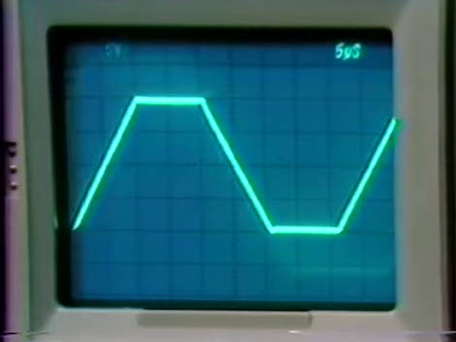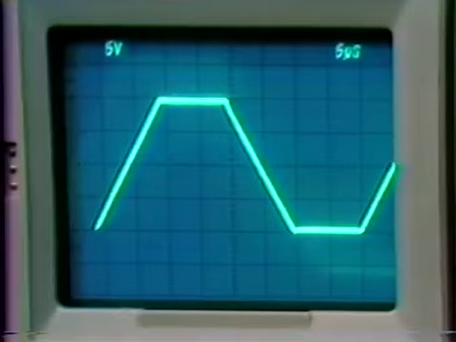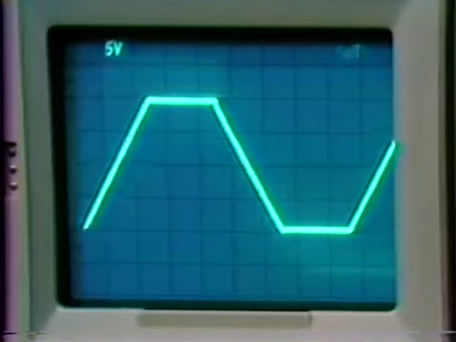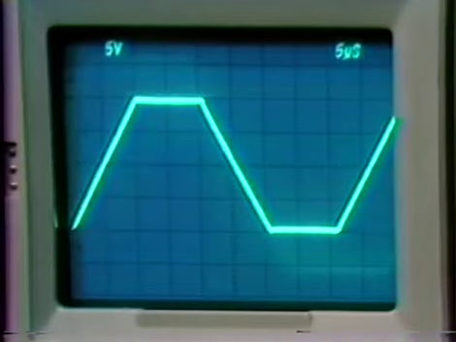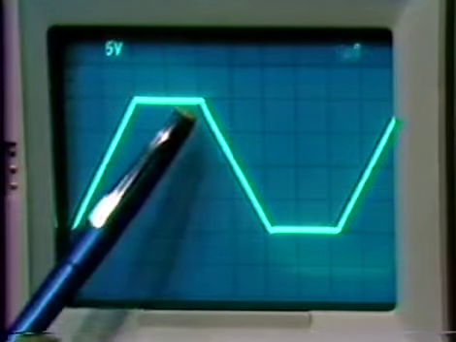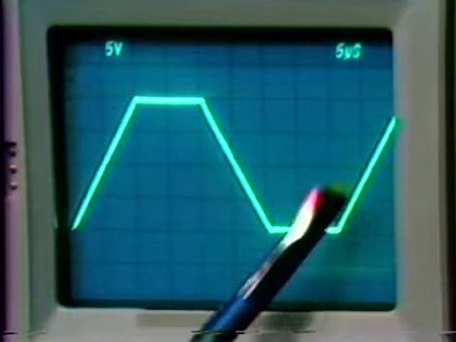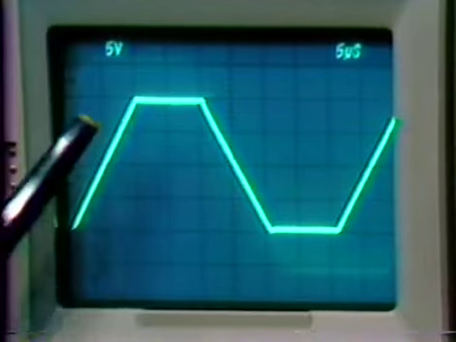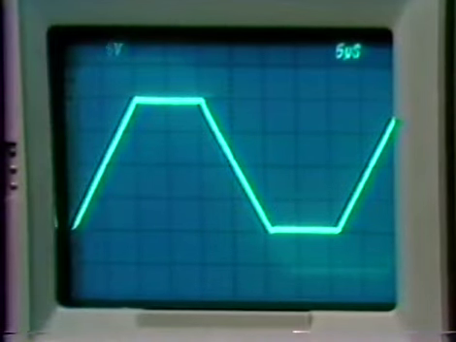What we notice is that we get a trapezoidal sort of waveform. The reason for that is really a process known as slew rate limiting associated with the operational amplifier. We notice that these lines look very nearly constant slope lines on the oscilloscope face.